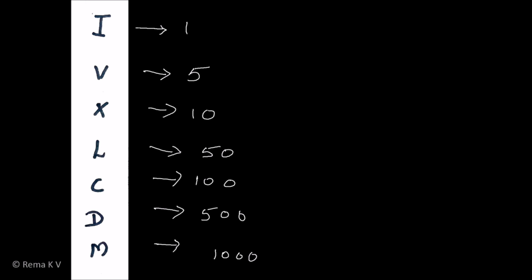X is for 10. L is for 50. C is for 100. D is for 500. And M is for 1000. So these are the symbols used in Roman numerals.